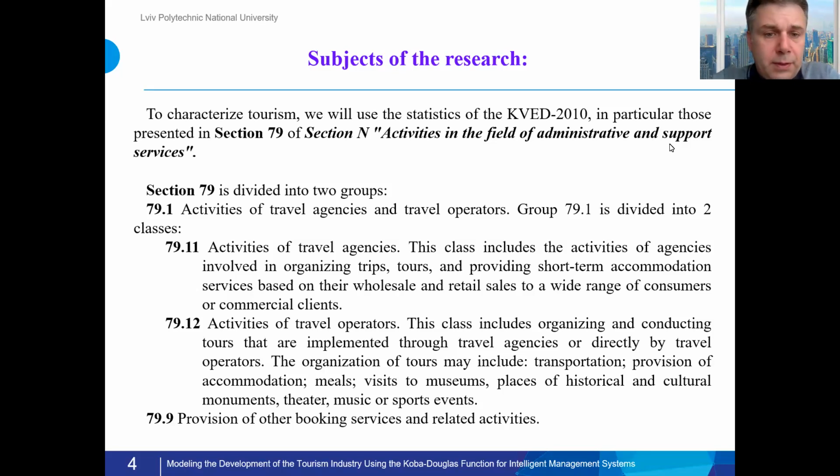The first group is activities of travel agencies and operators. This is group 79.1 and is divided into classes. The first is activities of travel agencies, and the second is activities of travel operators. And we also used the other part of section 79, provision of other booking services and relative activities.